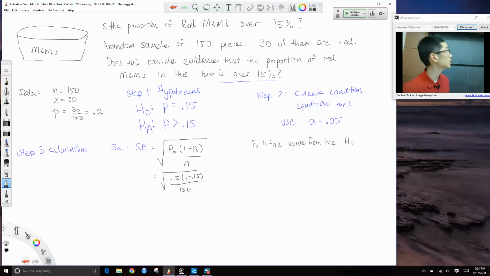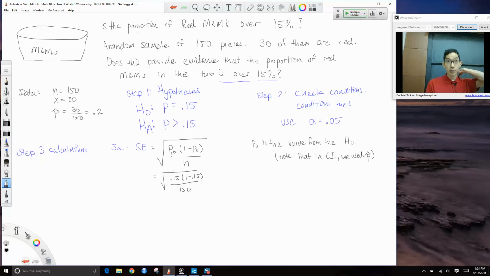150, okay? Notice this is different from when we did confidence intervals. When we did confidence intervals, we used p hat, okay? So note that in confidence intervals, it's a subtle change, but it can make a difference in the test.